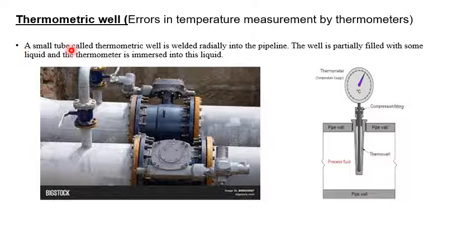So a small tube called a thermometric well is welded radially into the pipeline. The well is partially filled with some liquid, and the thermometer is immersed into the liquid.